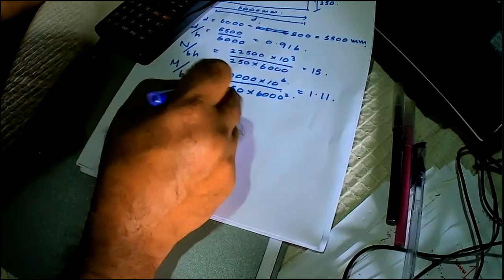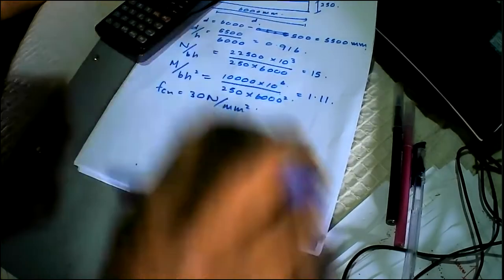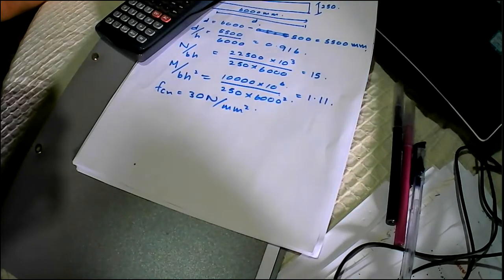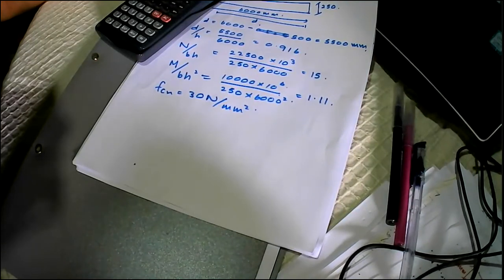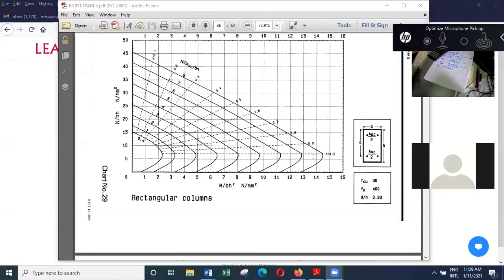So what you can do is, let's say we are using grade 30 concrete. I'll share the screen and show you. So here you can see FCU is 30, and here we are using 460 strength reinforcement.